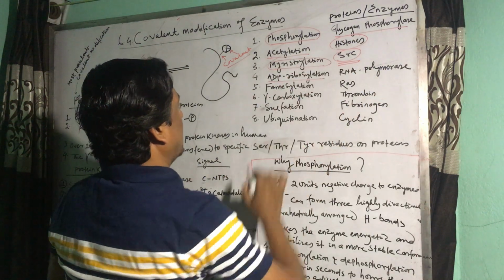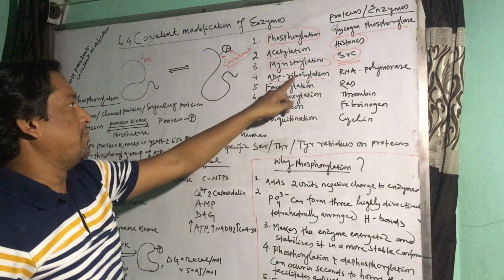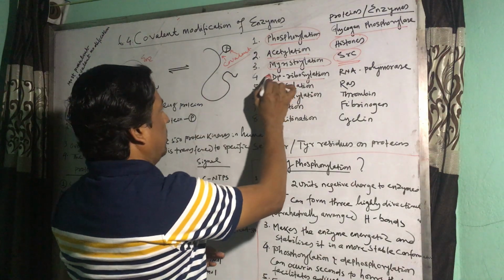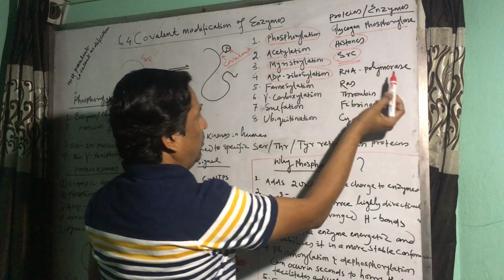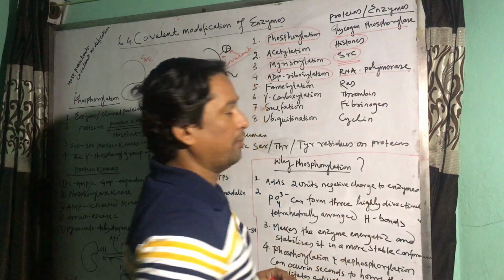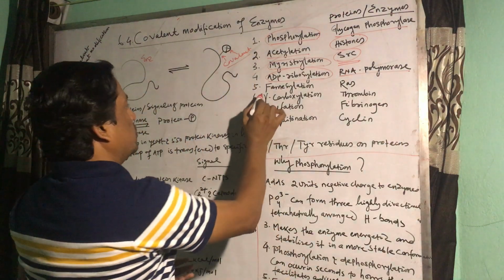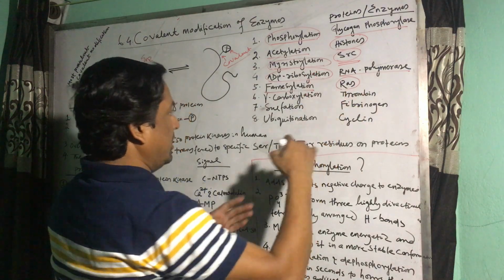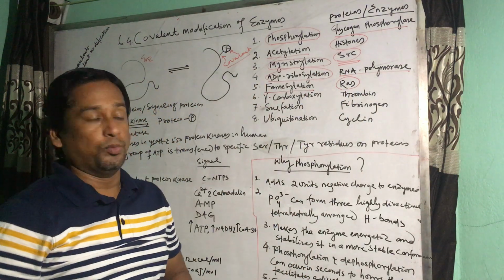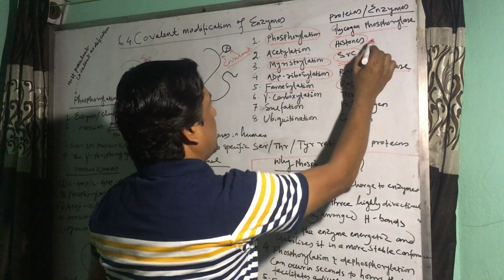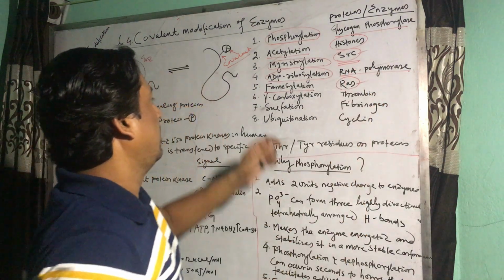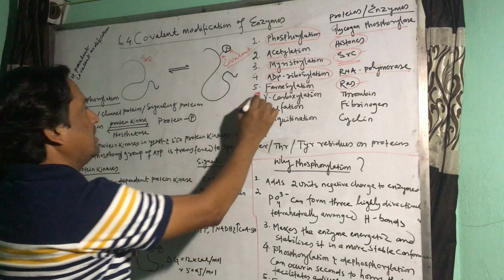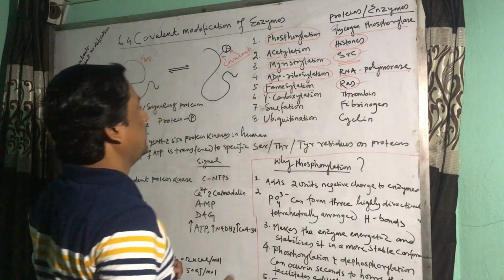ADP ribosylation. ADP ribosylation is when an ADP ribose group is attached to an enzyme, for example RNA polymerase, to activate it. Farnesylation involves addition of a farnesyl group. Like SRC, RAS proteins are held to the membrane by a farnesyl group which activates the protein.